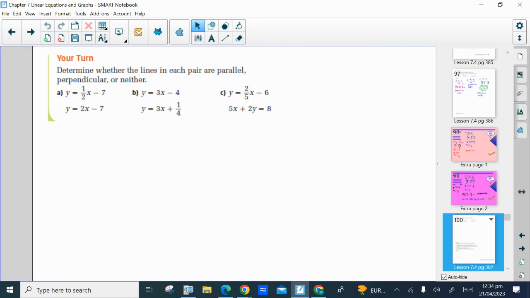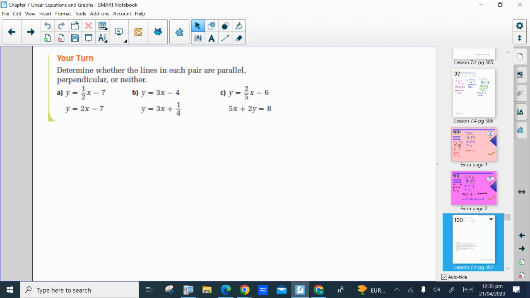So yesterday we looked at determining whether lines were parallel or perpendicular. We said that if lines are parallel, it means they're going at the same angle, which means their slopes are the same. If lines are perpendicular, their slopes are negative reciprocals.